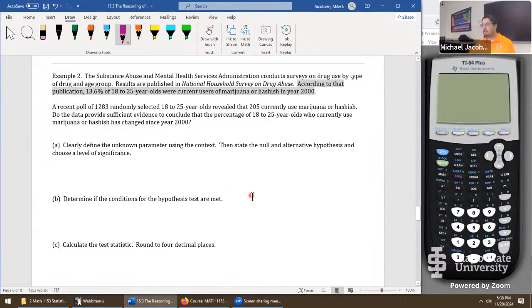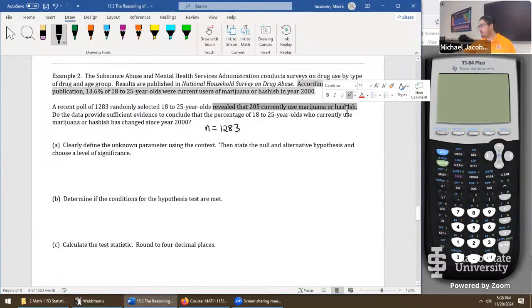So it says next, a recent poll of 1,283 randomly selected 18 to 25-year-olds. So we have lots of really young people. Let's find that sample size. Sample size is 1283. Goes on to say it revealed that 205 currently use marijuana or hashish, however you pronounce that. Let's highlight that right there. This is starting to take shape. The 205 came from the sample of 1,283, but it looks like that's what the success is in this problem.